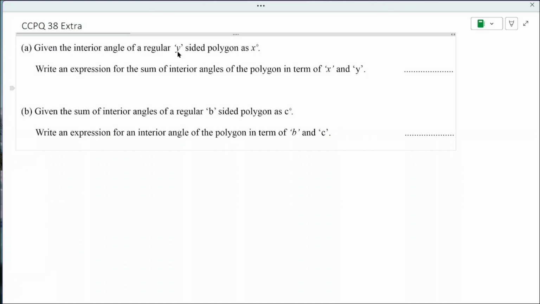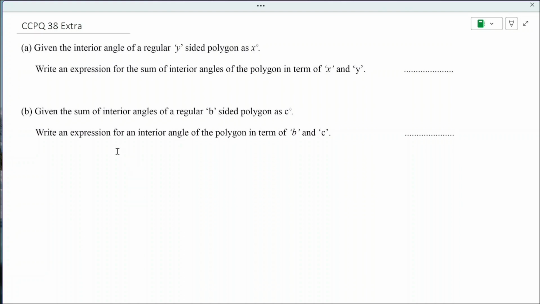So y means the number of sides, which could be 7, could be 5, could be 10, but you're given y. And you have x degrees as the interior angle. The question now says write an expression for the sum of interior angles of the polygon in terms of x and y, that is, in terms of one interior angle and the number of sides.